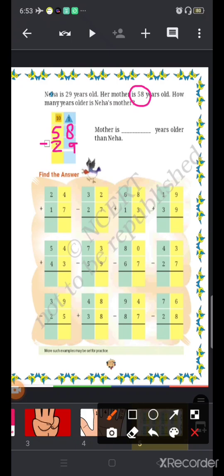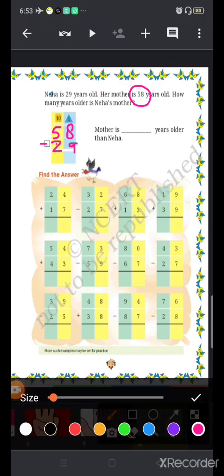Who is 8's neighbor? It is 5. So 5 will give one to 8. So 8 becomes 18 and 5 becomes 4, because 5 has given one to 8.